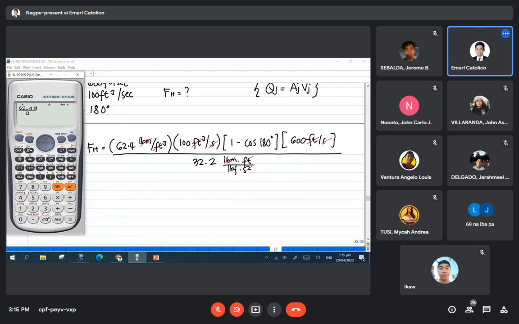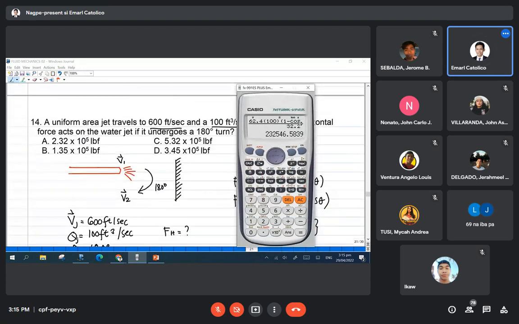So 62.4, 100, 1 minus cosine 180 times 600 over 32.2. Times 10 raised to 5. So, eng natin: 2.325.